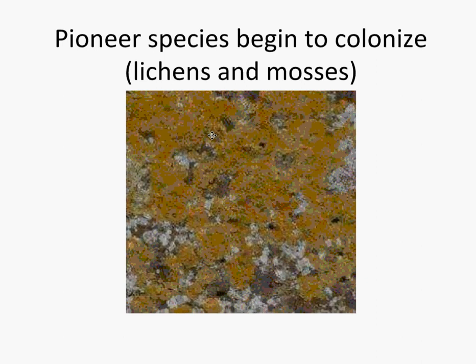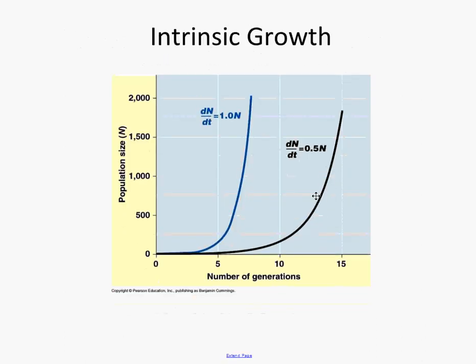But these are species that are the first ones to move into an area and to be able to exploit all the available resources. Sometimes you'll see exponential growth called intrinsic growth, and this is just another word for the intrinsic ability of the population to double each generation without any sort of limits on it.